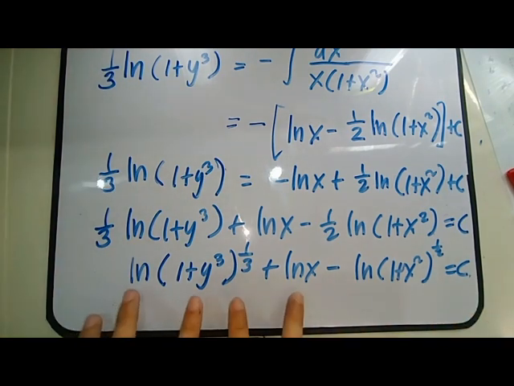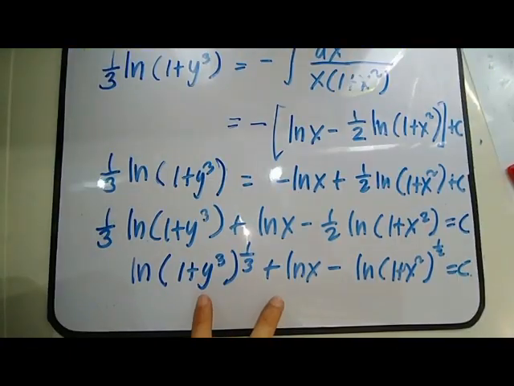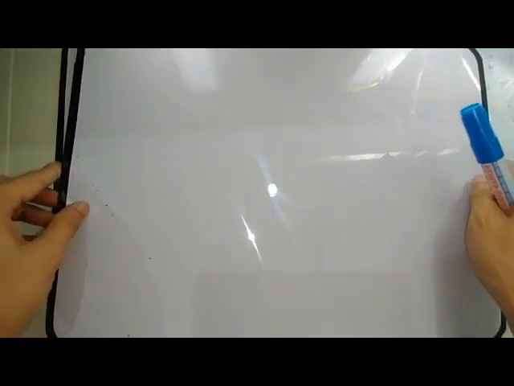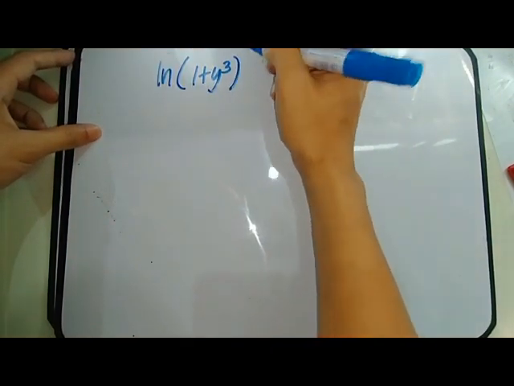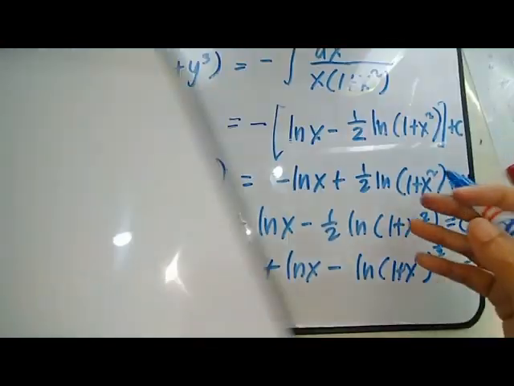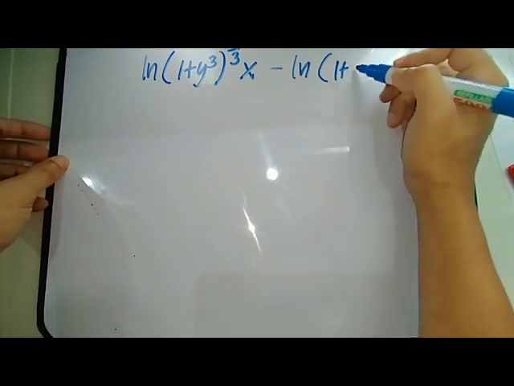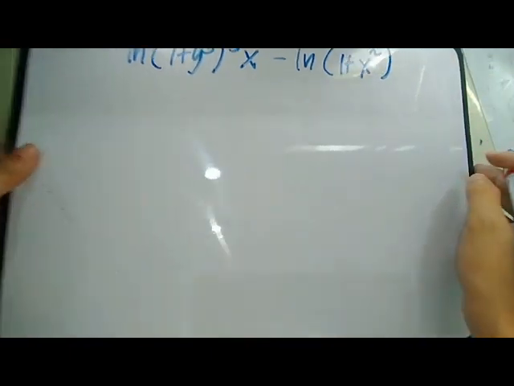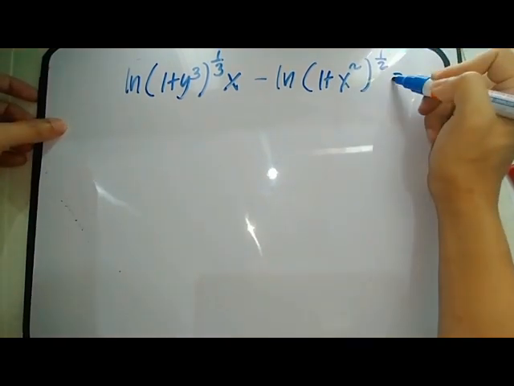So ito, by laws of exponent, pwede siyang nakamultiply na lang. So hanggang guys, makuha natin yung pinaka-simplest form niya. You have here ito, pagsamahin natin guys, we have ln 1 plus y cubed raised to 1/3 times x, so minus ln 1 plus x squared, so exponent 1 half equals c.